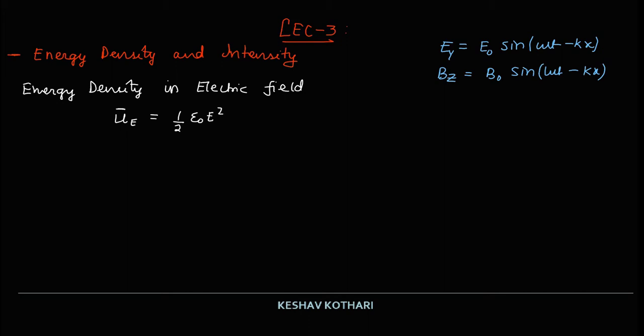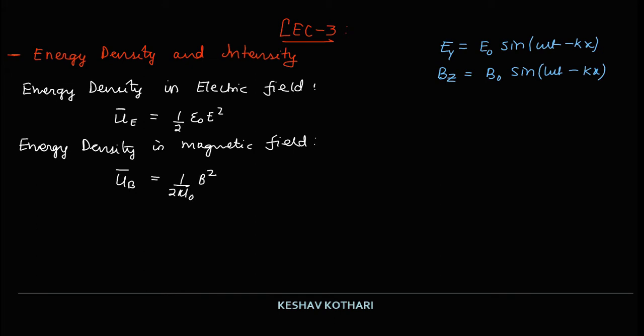And similarly, the energy density in a magnetic field, that is energy per unit volume, is written as 1 by 2 mu naught of B square.